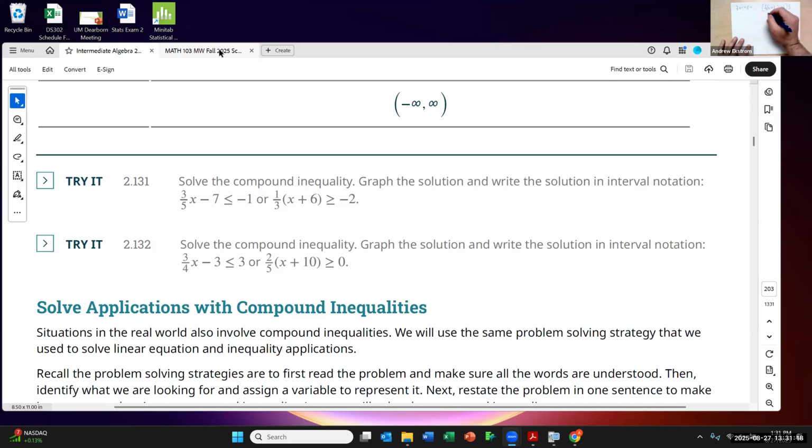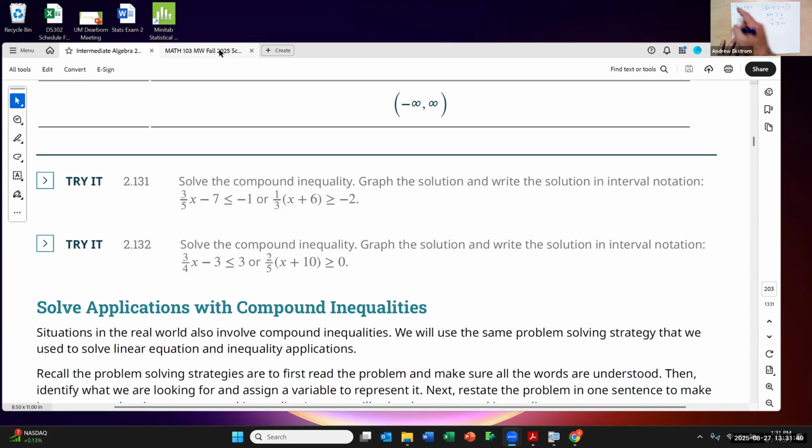Multiply everything by 3. -2 times 3 is -6. -6 minus 6, -12. Here, just because of what I've got here, I could multiply everything by 5, or I could keep it as it is and work with it.